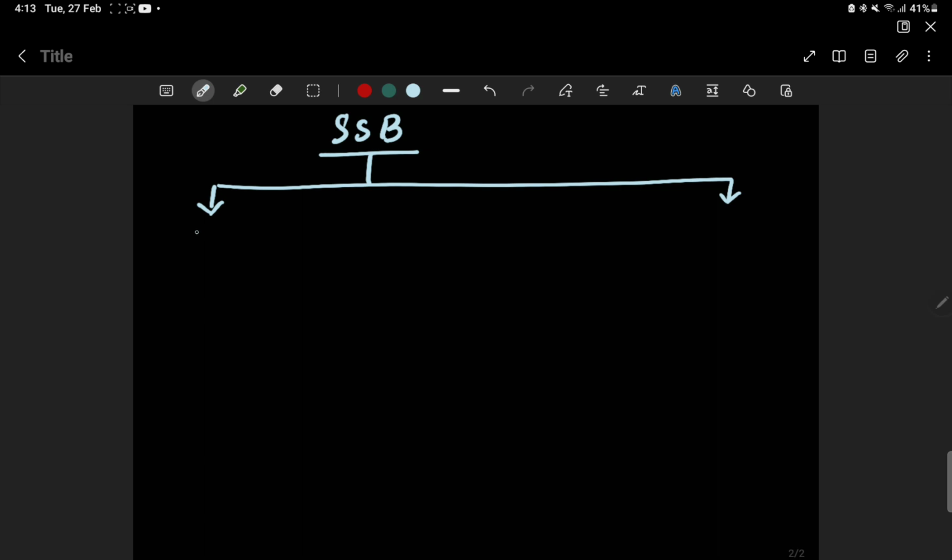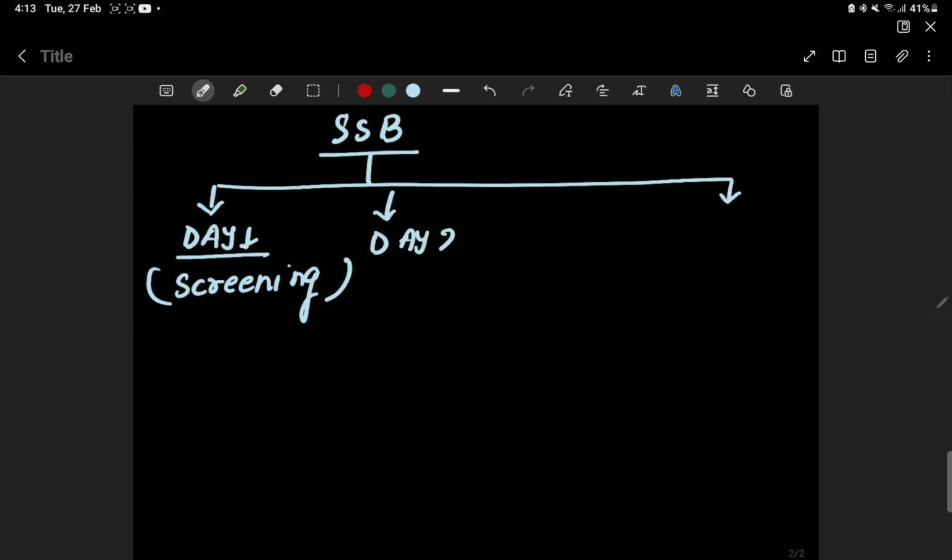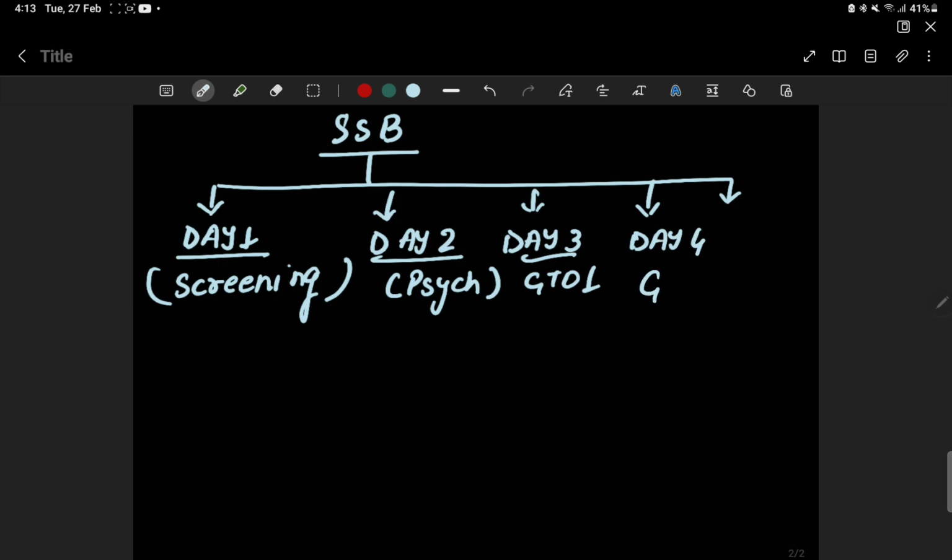The 5 day process includes day 1 as your screening day, day 2 as your psych day, day 3 as your GTO 1, day 4 as your GTO 2, and day 5 is your conference.